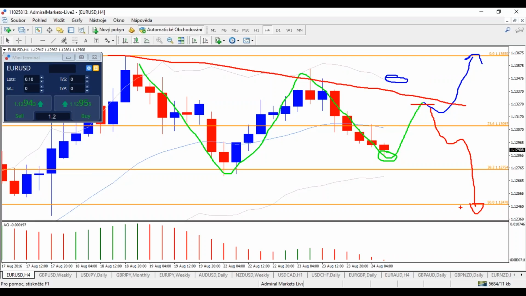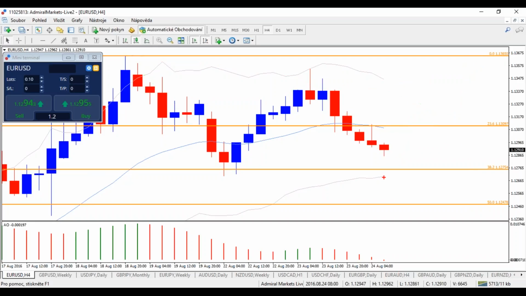So that's why if I take a long in here, I'm going to be monitoring how price responds up around 113.25. If I see some struggle, I will probably just move it to break even or reduce the risk at minimum and see if it has enough muscle and power to push through.